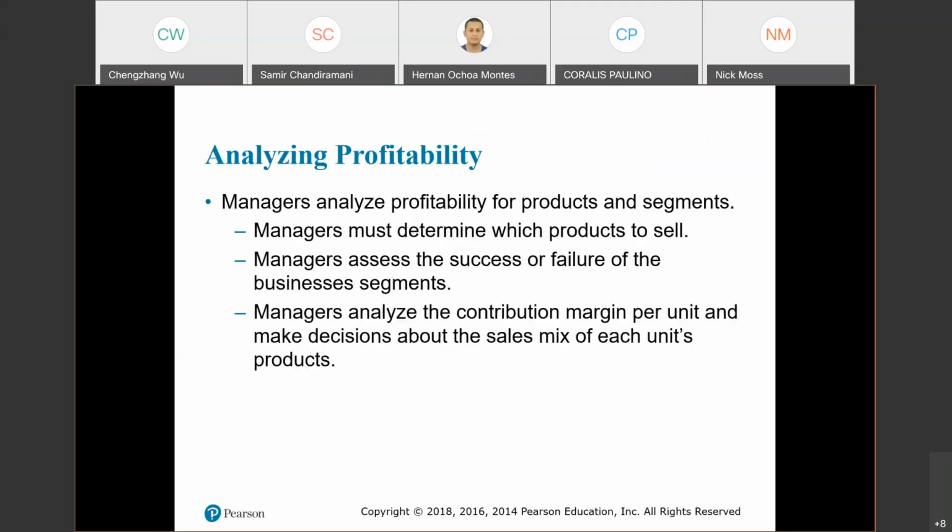So from now on, I will use two fictitious companies to illustrate how variable costing can be used to do profitability analysis for both manufacturing and service company.